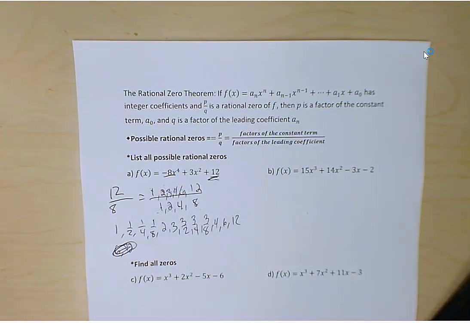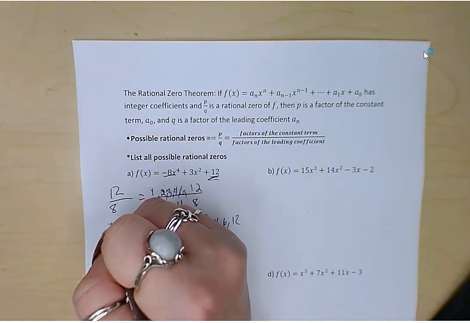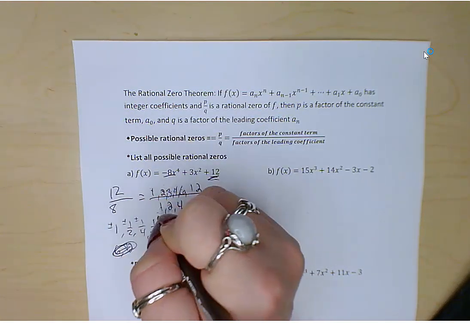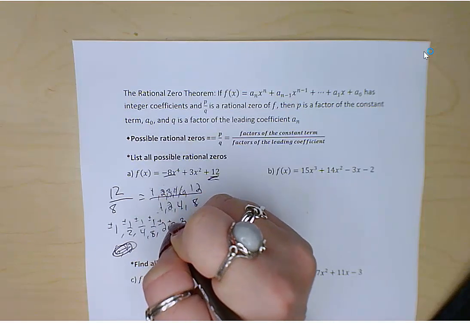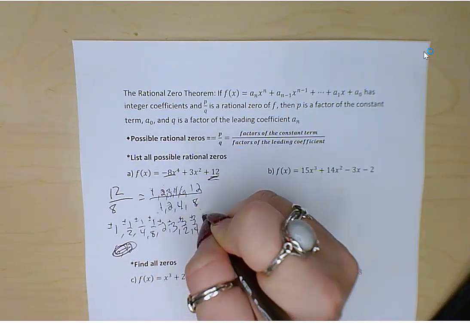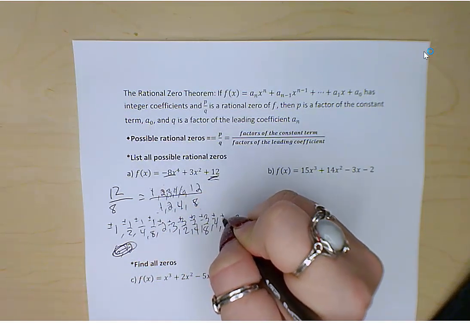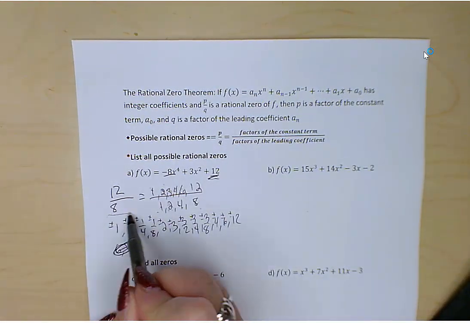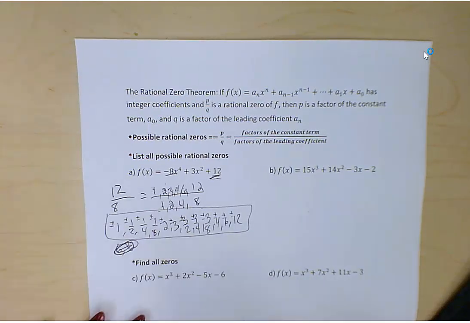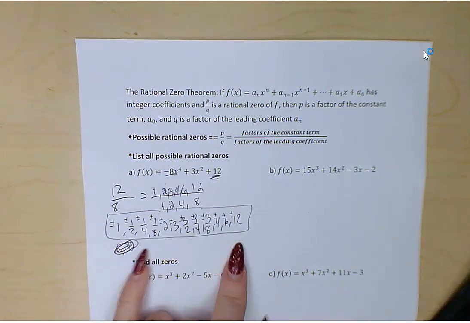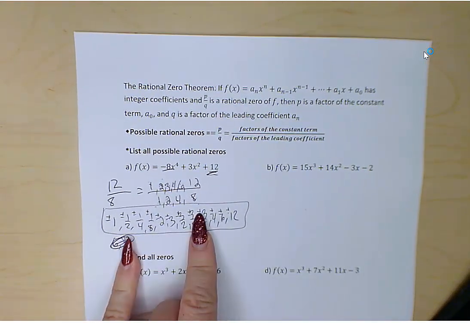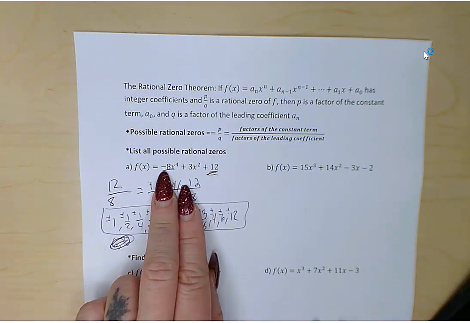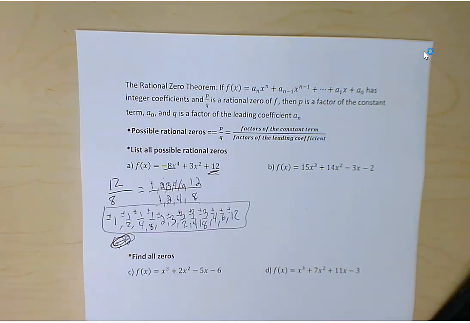The only thing we need to do to complete our list is put a plus or minus in front of every single one of these. We do need to take into consideration the positive and negative variations of these numbers. But this entire list, I know it's quite a list, are all the possibilities of rational zeros for this particular equation. That's how we're working on this particular example.